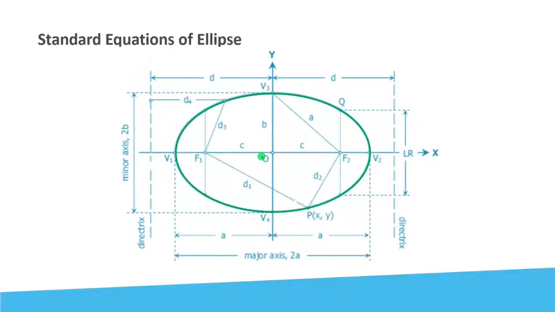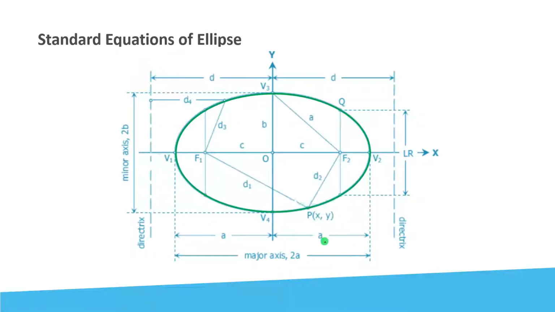For the ellipse, in determining the standard equation, we should refer first to the figure. We have the minor axis 2b right here, and there's the location of the vertices for the minor axis. For the major axis, or the longer axis of the ellipse, that's 2a.